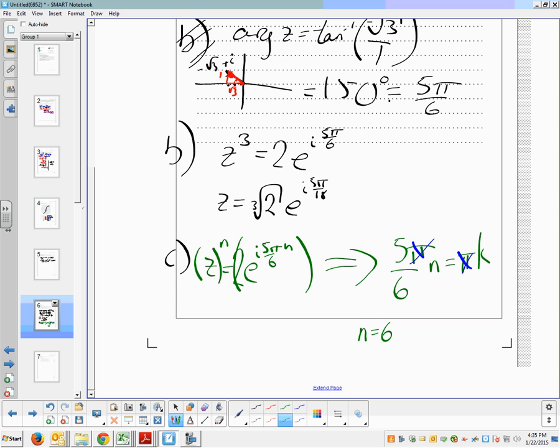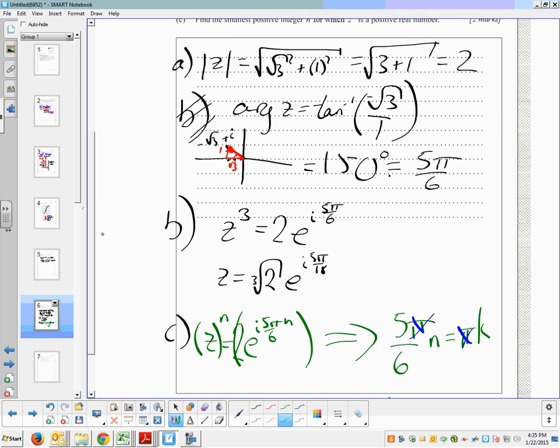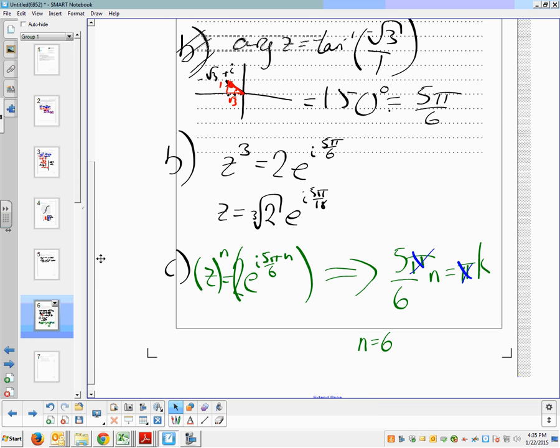So when n is 6, oh no, did it say positive or not? Oh no, it does say positive. Sorry. n is 6 would give us the answer 5, which is obviously not positive, so n is 12. That's the smallest value of n that will give us a positive real number.